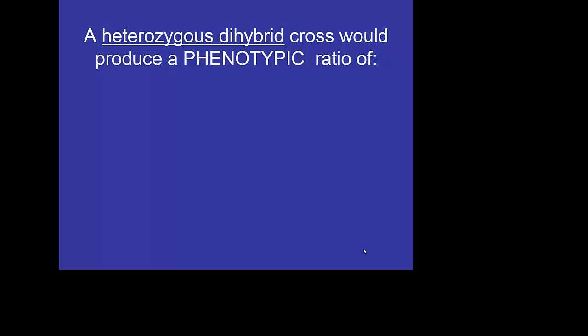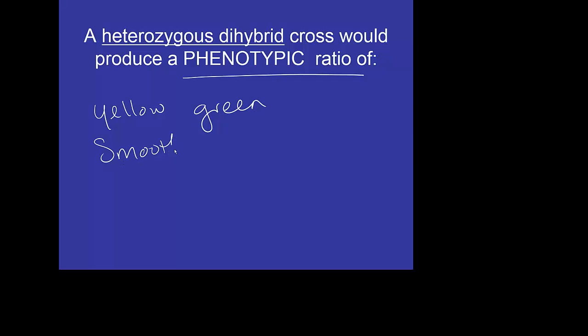So what did we say a heterozygous dihybrid cross would produce for the phenotypic ratio? So this is going to include yellow, green, smooth, and wrinkled seeds. When you do a dihybrid cross, you end up with 16 blocks.